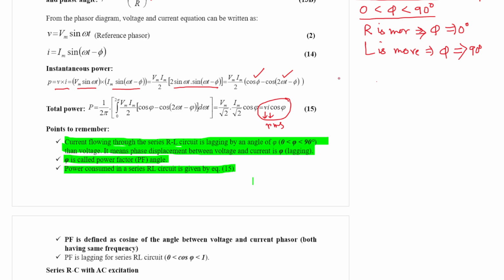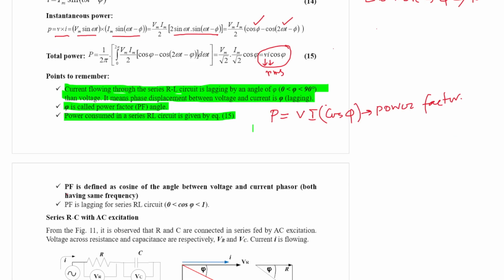Which is VI cos phi. So now if I say this is power factor, what is the definition of power factor? This is a very important term.